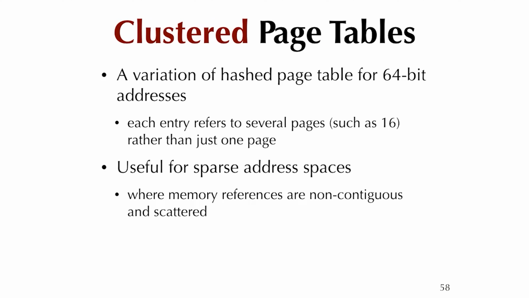Now, for things even larger, especially for 64-bit addresses, people want to use hash tables, but then they figure, well, guess what? The access pattern also changes, because it's likely that you would want to allocate bigger consecutive chunks. And so what they do is a variation of this kind of hashing.